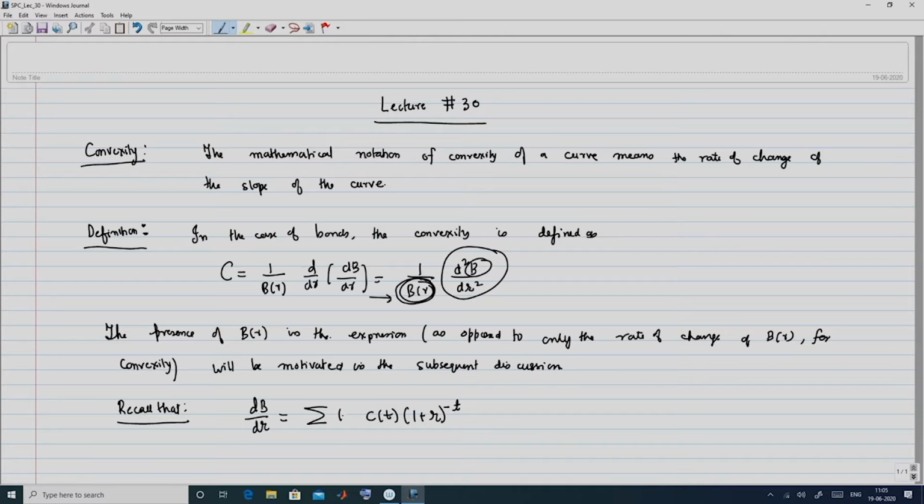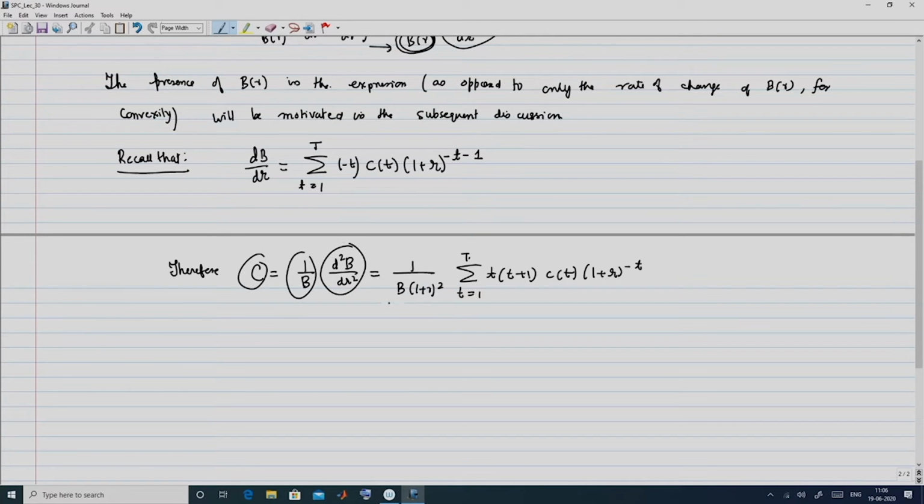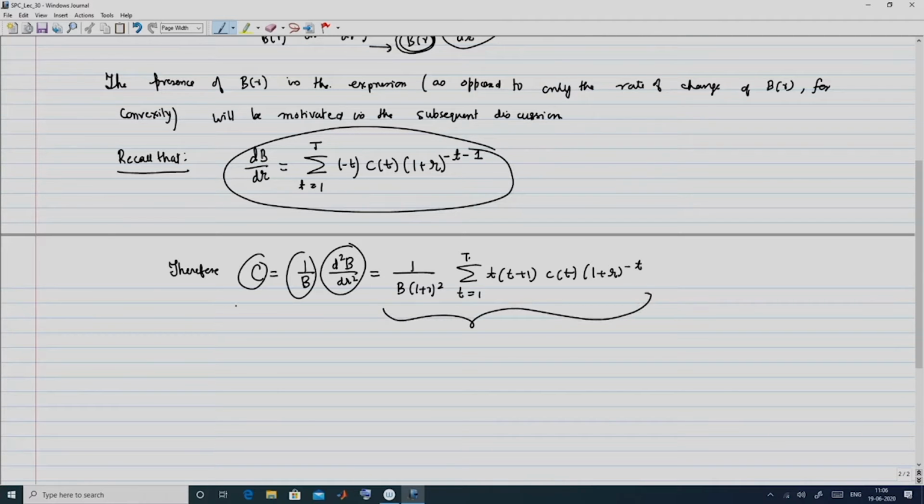So, this derivative becomes minus t into (1 plus r) raised to minus t minus 1, t equal to 1 to capital T. So, from here we therefore get that C is equal to 1 over B into d squared B over dr squared, and this is going to be 1 over B into (1 plus r) squared, into summation t into (t plus 1) C(t) into (1 plus r) raised to minus t, t equal to 1 to capital T. So, basically C is 1 over B into the second derivative, and the second derivative here is obtained by taking the derivative of this expression to eventually get this expression for convexity.